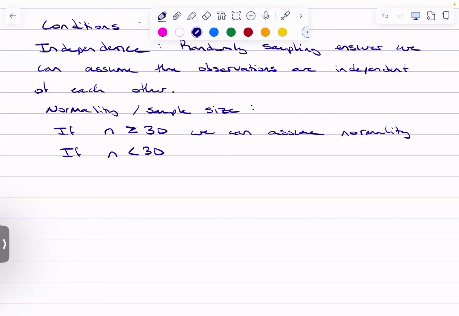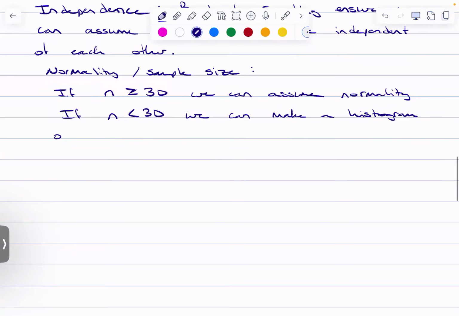So if the sample size is less than 30, we can make a histogram of our observations. And as long as the distribution looks approximately normal.